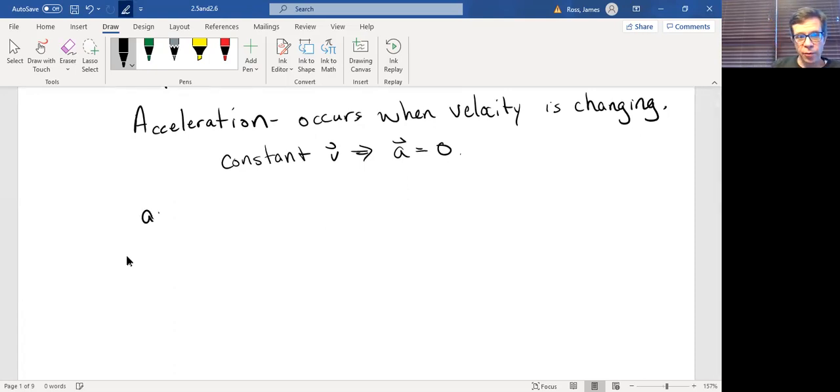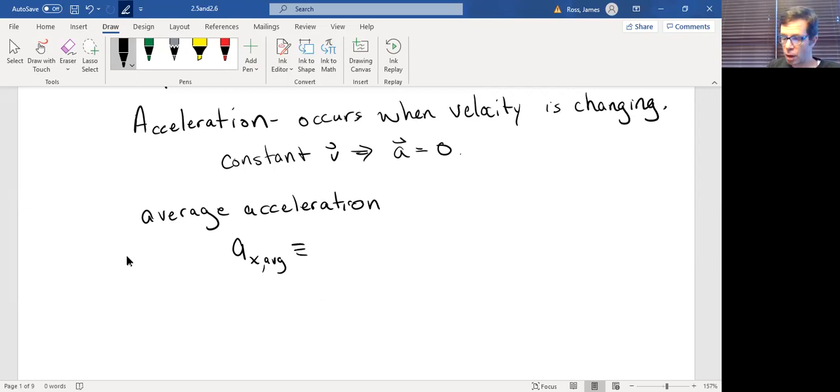We define our average acceleration similar to how we defined average velocity. So A in the x direction average is defined to be delta V in the x direction over delta t. So a change in velocity over a change in time.